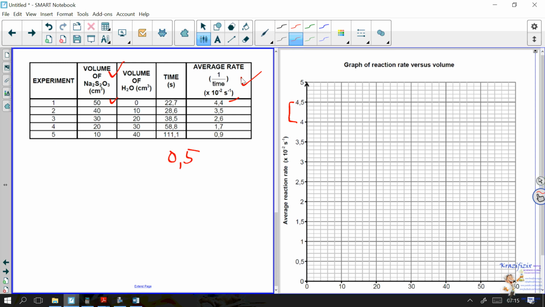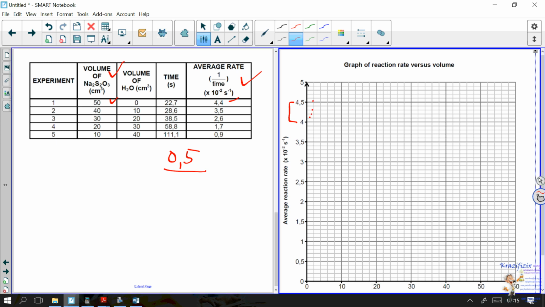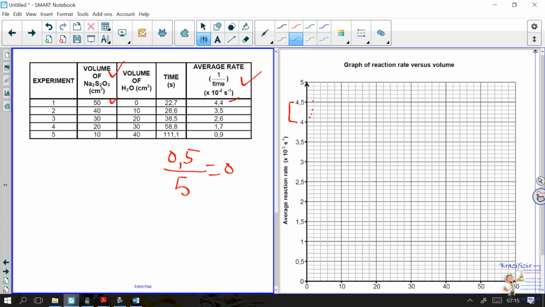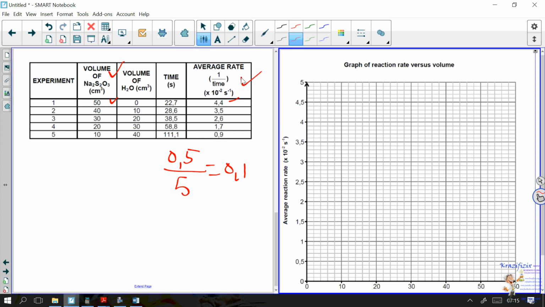So you say 0,5, then you count the number of boxes, 1, 2, 3, 4, 5, which means each box is now 0,1. So if I'm looking for 4,4, what will it be? It's on 50. That's my 4. 4,1, 4,2, 4,3, 4,4. There. Okay. 4,4. Right there.